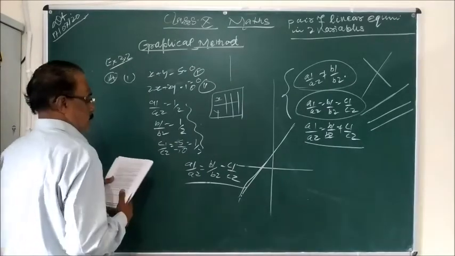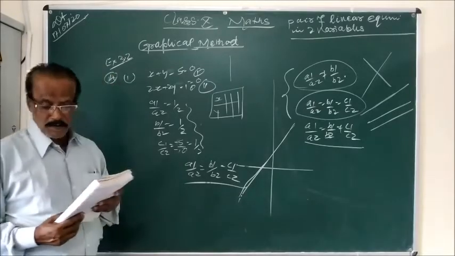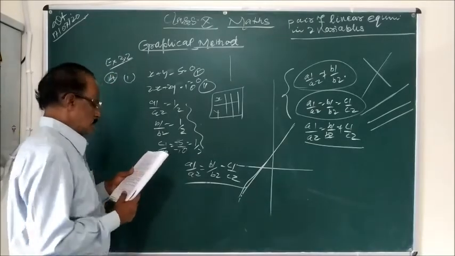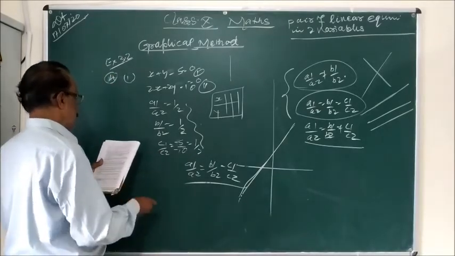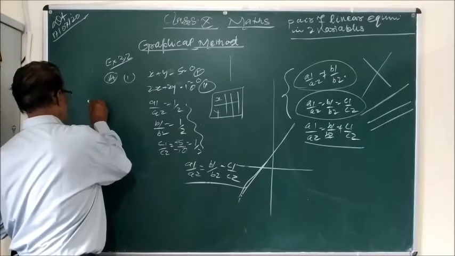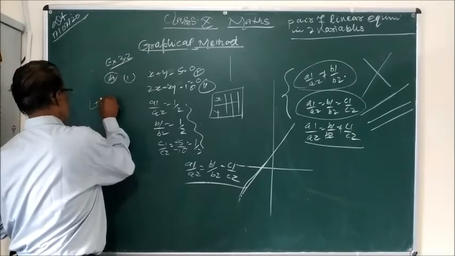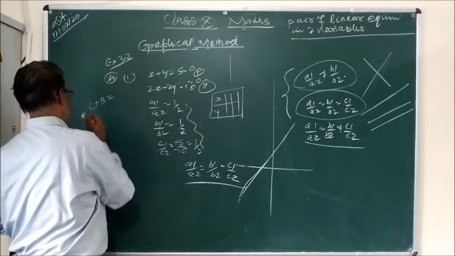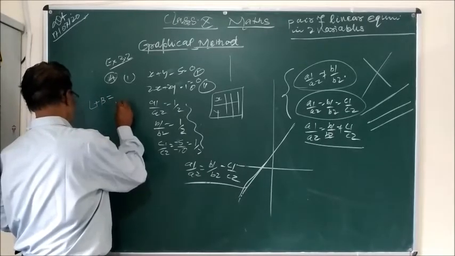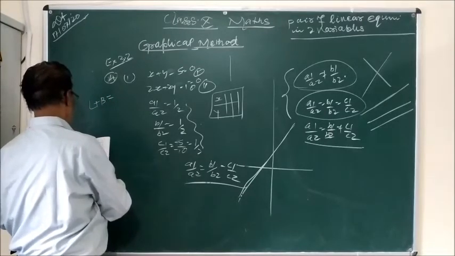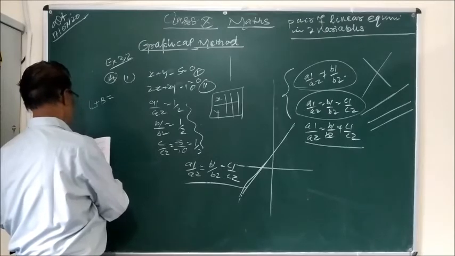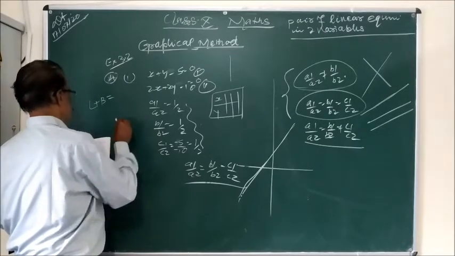Similarly, you can find. Now question 5, half perimeter of a rectangle. Perimeter of a rectangle is 2 into L plus B. So half perimeter means L plus B. L plus B is equal to half perimeter, which is 36.